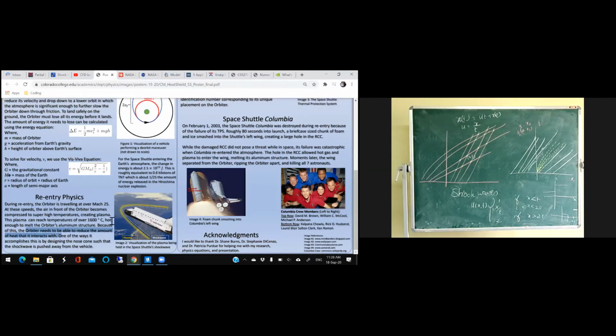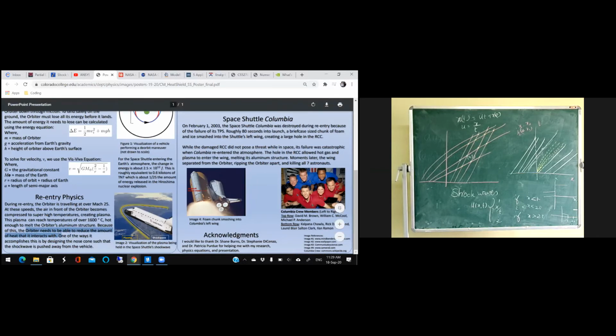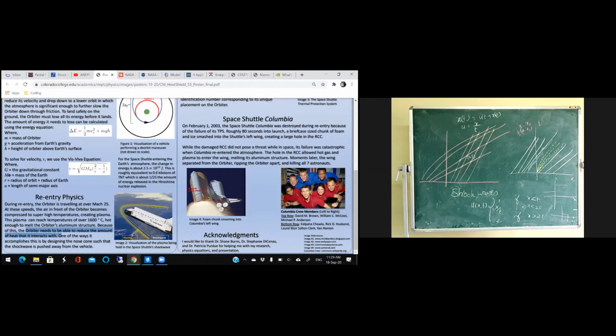That damaged the structure of the Columbia shuttle, made holes in the walls, and damaged the aluminum structure, and then the crew was killed.